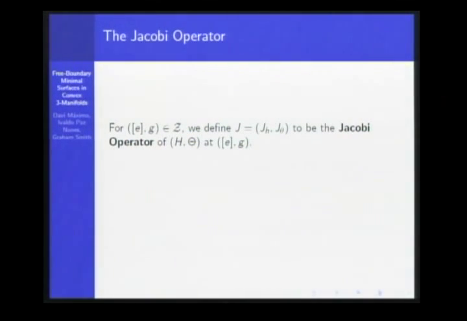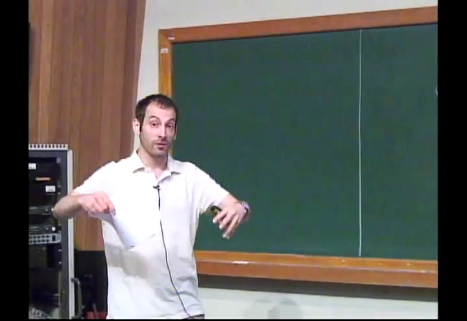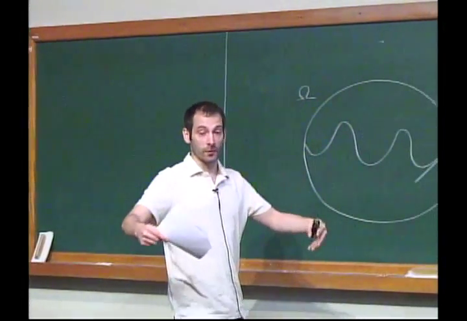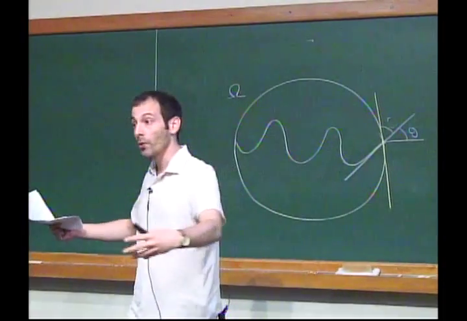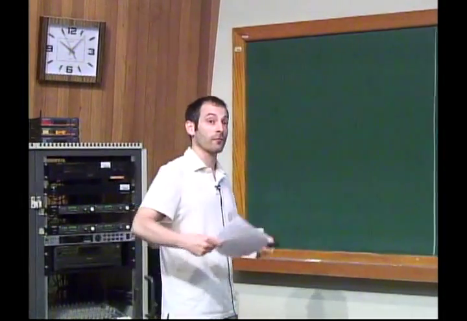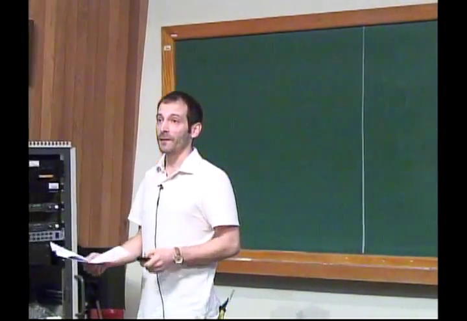Our first attack at this problem was to restrict attention to the space of those surfaces which meet the boundary orthogonally. And then once we restrict attention to that space, you look at the Jacobi operator for mean curvature, which you know is a generalized Laplacian, which you know is elliptic, and therefore allows you to apply Fredholm theory. But that was incredibly complicated.